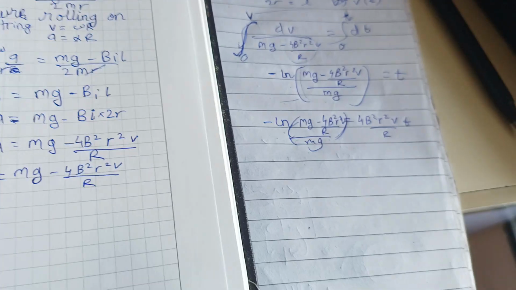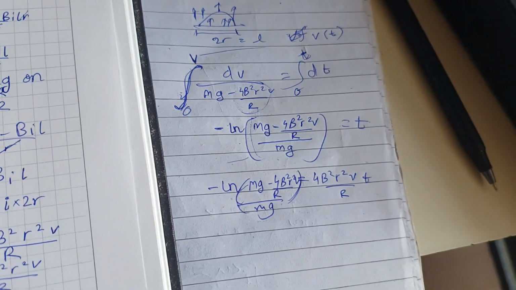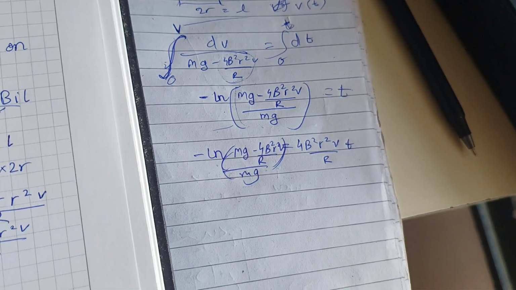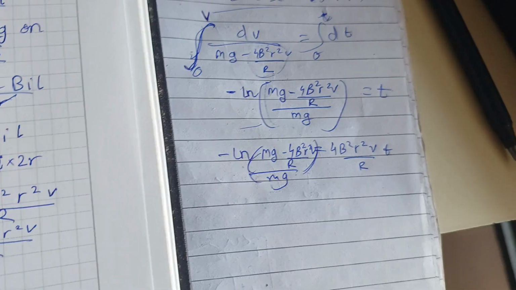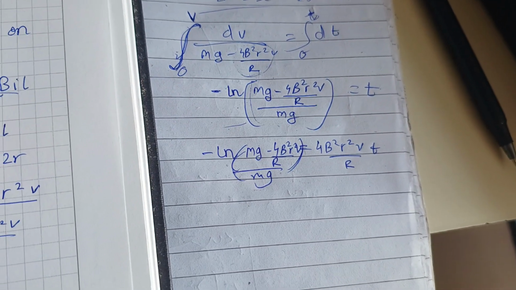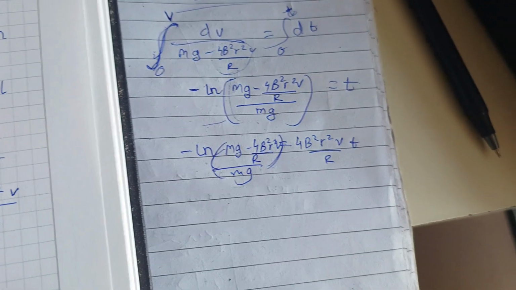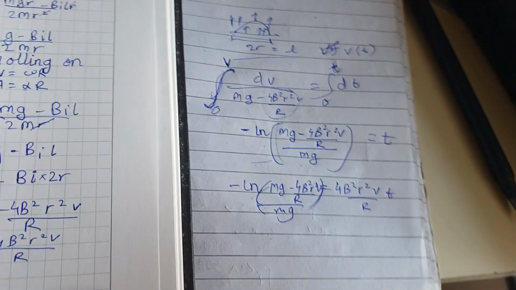It's a very lengthy term, I don't know if it's right or not, but we have to find the terminal velocity. Now terminal velocity is like a velocity which will be reached at t equal to infinity, right? So we have to solve this, and you can get an idea.